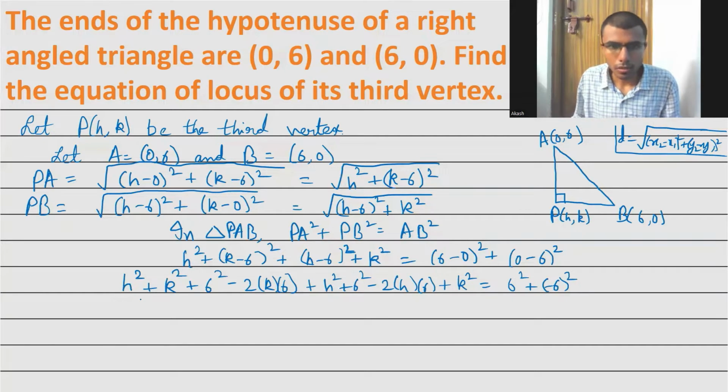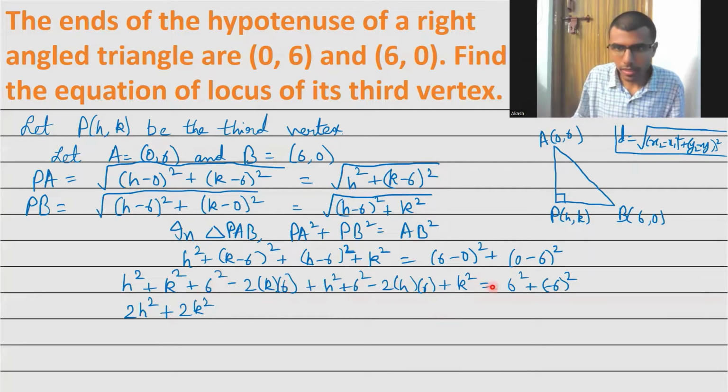Now here, h square plus h square is 2h square, and k square plus k square is 2k square. If you observe, here 6 square is there, here also 6 square is there, so these two would get cancelled, and here another 6 square is there, minus 6 whole square is also 36, so that would also get cancelled.